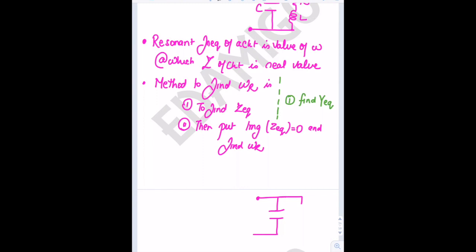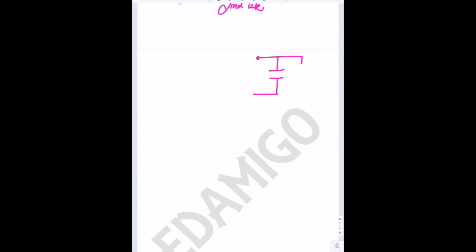Z equivalent means the impedance and Y equivalent means the admittance, and put imaginary part of Y equivalent equal to 0 to find omega r. So any of the method can be used. Since in this circuit the two elements are in parallel, we can use the method of putting imaginary part of admittance equal to 0, so that will be a better method or an easier method.